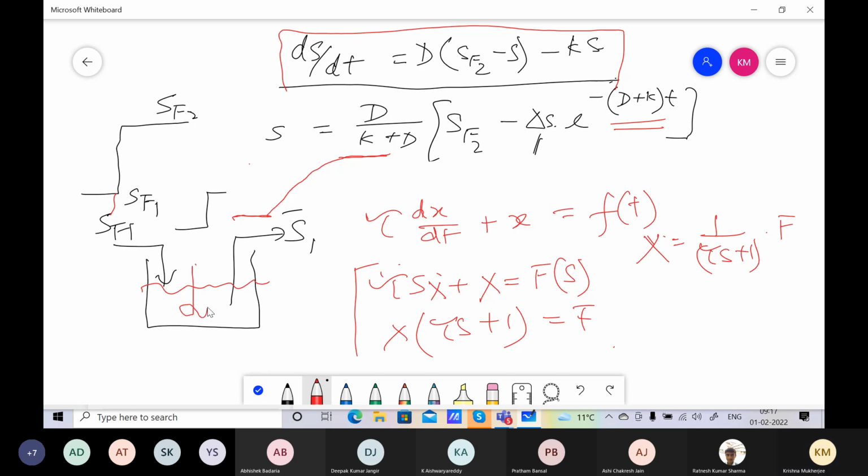Now, there are reactions going on, there is cell growth going on, and the cell growth time constant is something close to mu, the rate of cell division, or some kind of kinetic constant K can be associated with this, and therefore a tau can be associated with cell growth.